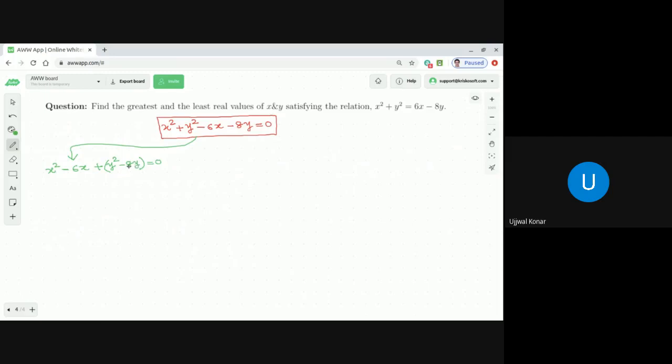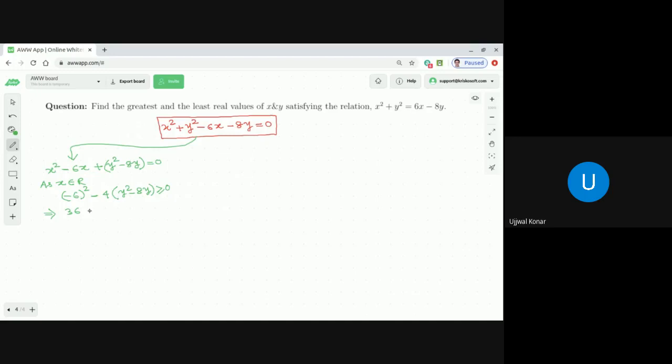Now, as x is real, dear students, the discriminant must be greater than or equal to 0, as x belongs to R. So the discriminant means minus 6 whole square minus 4 into a, which is 1, into c, that is y square minus 8y, should be greater than or equal to 0. From here what we get, dear students?